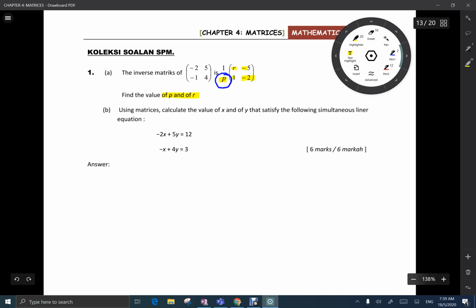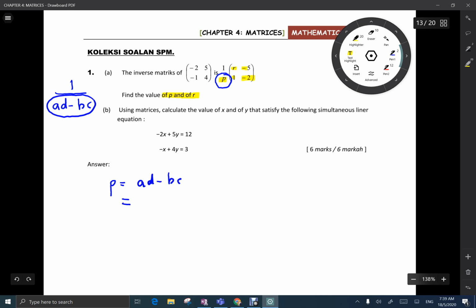Kalau ada inverse, bermaksud kena ada 1 over determinant. Betul? So, remember what is the formula of determinant? So, P, apa formula of determinant? 1 over AD minus BC. Maksudnya, P kita adalah, it's AD minus BC.